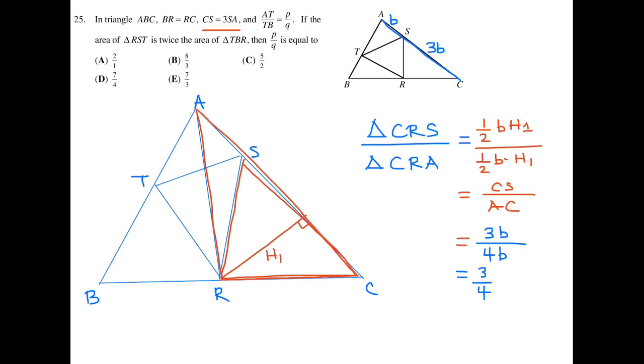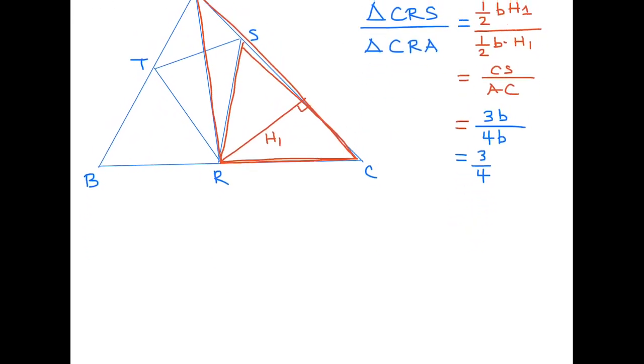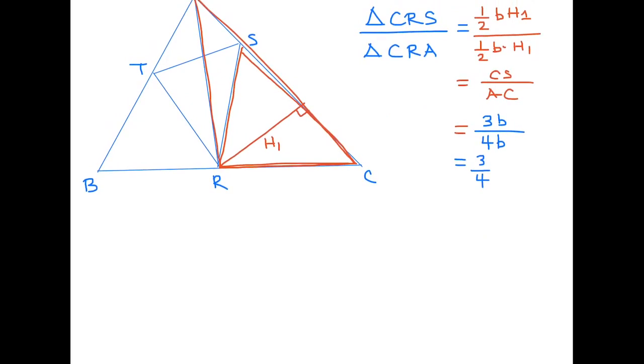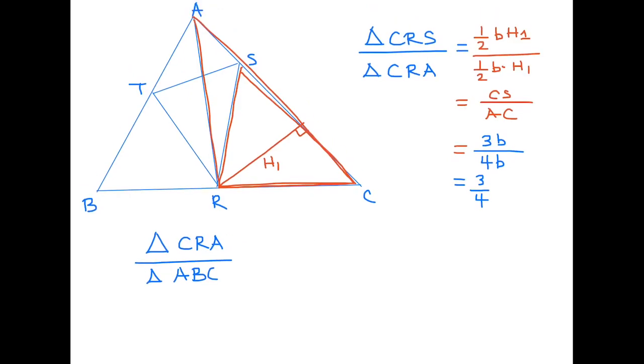So here we go again. So the next triangles we have to compare are CRA and ABR. So CRA is basically here. CRA, and ABR is right here.